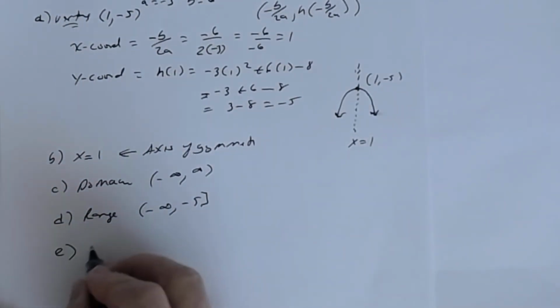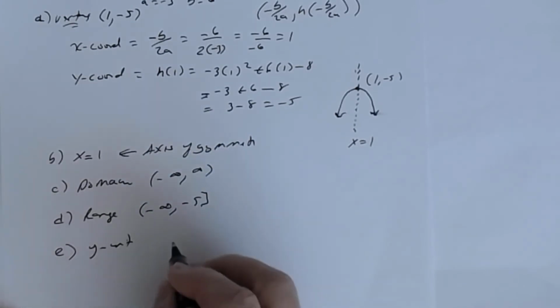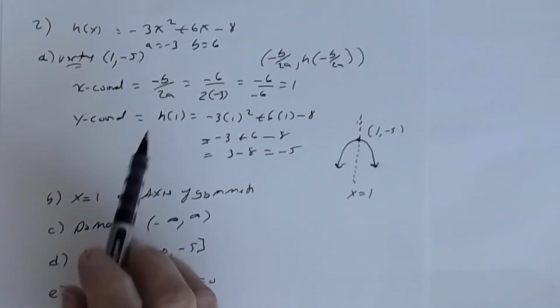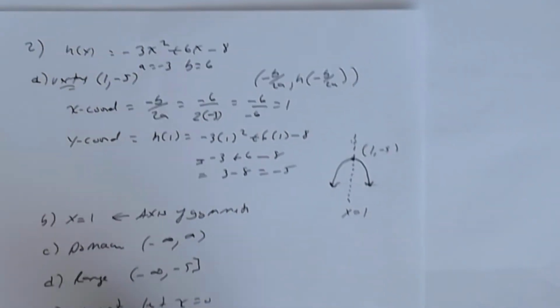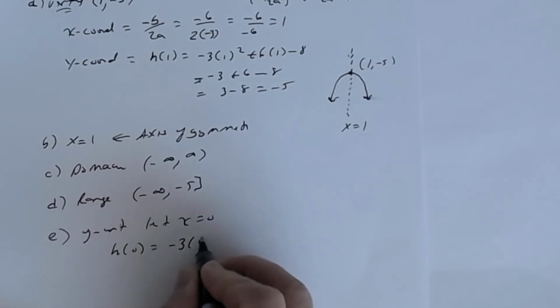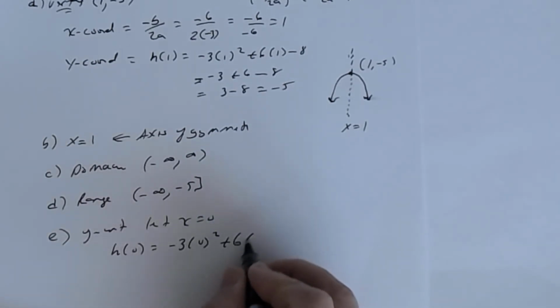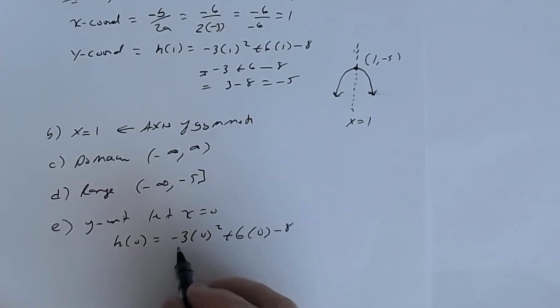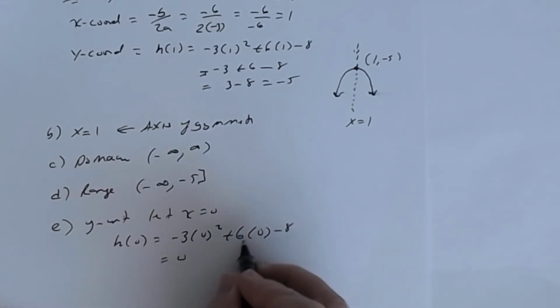And then E, they want to know the y-intercept. Well, remember, to find the y-intercept, you're going to let x equal 0. So basically, you're finding h of 0. So you're saying h of 0 will equal negative 3 times 0 squared plus 6 times 0 minus 8. And so 0 squared is 0. 0 times negative 3 is 0. 6 times 0 is 0.